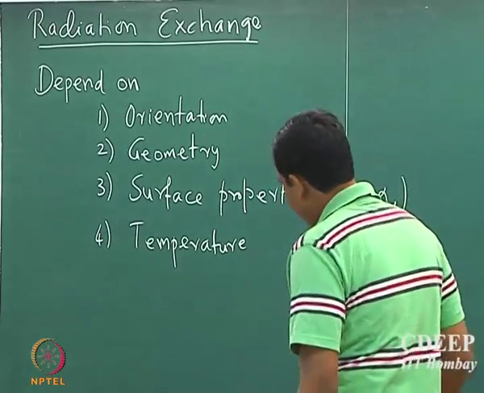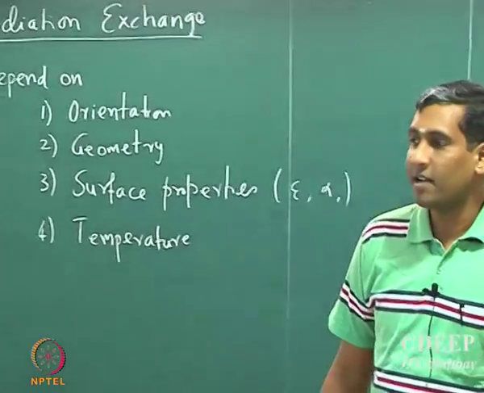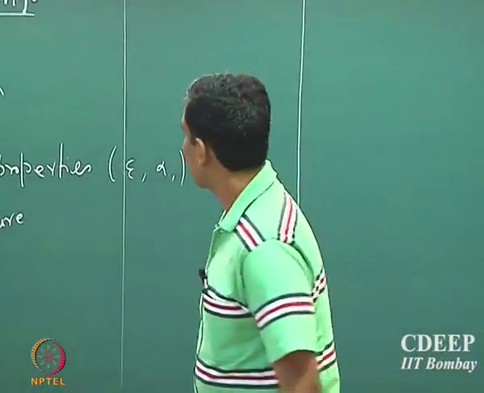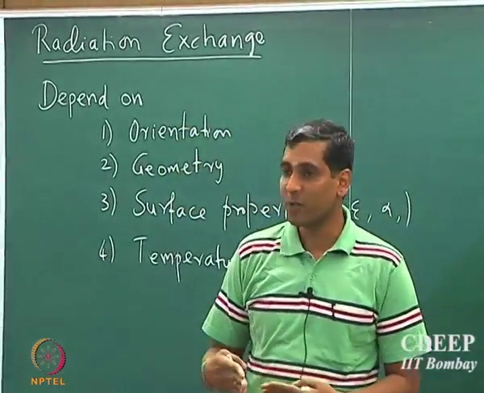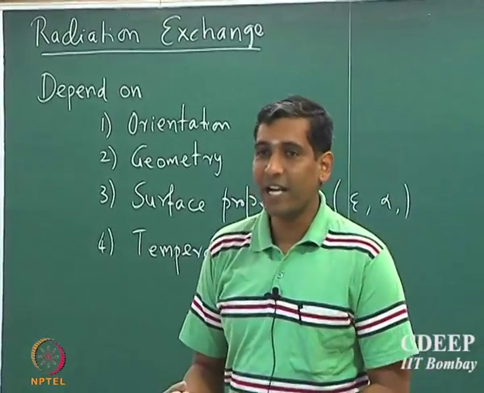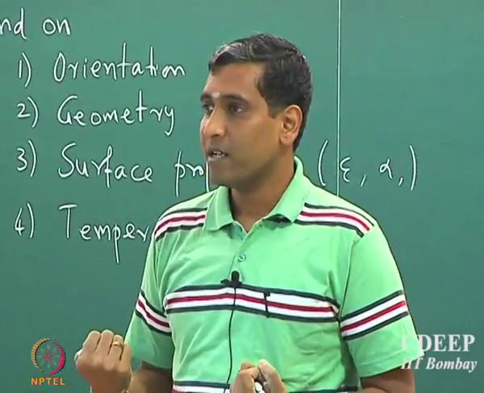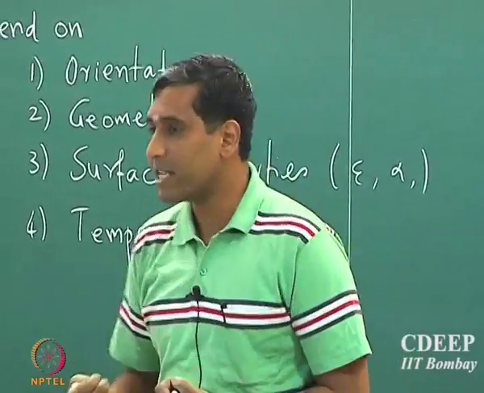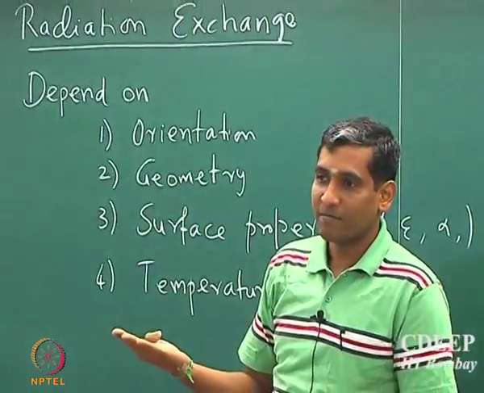And what we are going to see in the next few lectures, including today's, is how to characterize radiation exchange between 2 surfaces. In fact, the net radiation received by a surface is the net amount after the exchange has taken place between the 2 objects.